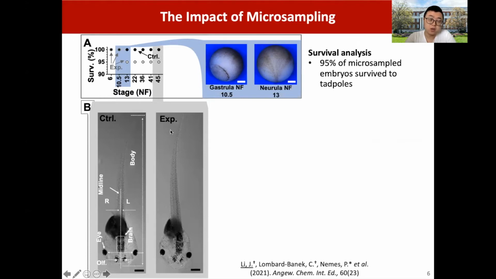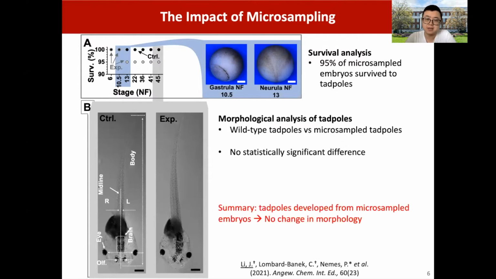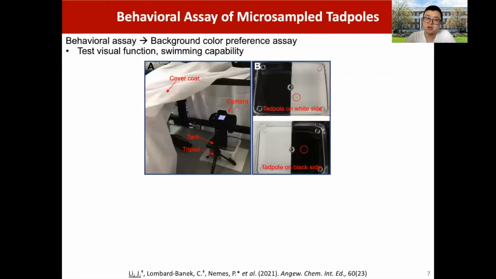The one on the right side is from embryos that underwent microsampling. By comparing the organs such as the eyes, we found that these two groups are similar. There is no difference. That means the tadpoles developed from microsampled embryos didn't change the morphology.